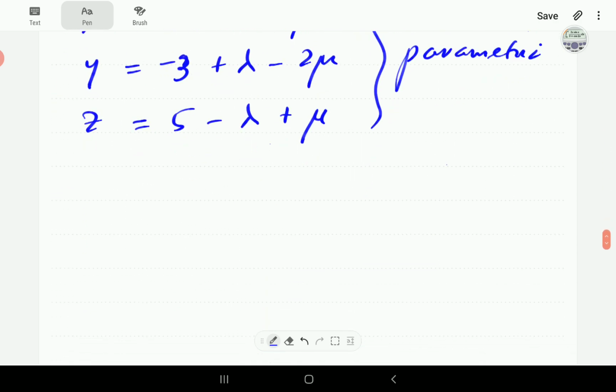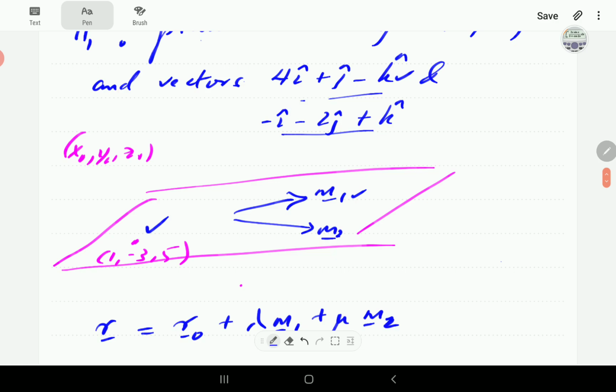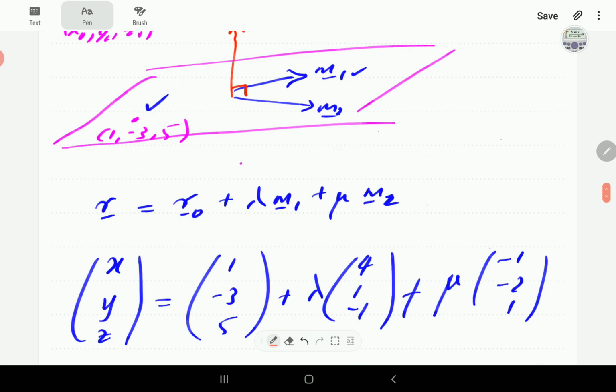Then we need the scalar equation. For the scalar equation, first we need the normal vector of this plane. Now, since we've got these two vectors which are in the plane, if we take a cross product, that's going to give us a vector perpendicular to this plane, which is going to be our normal vector.